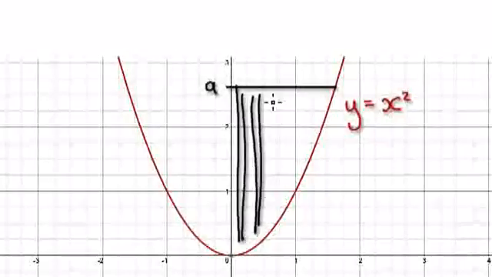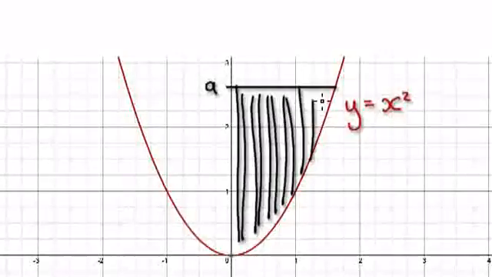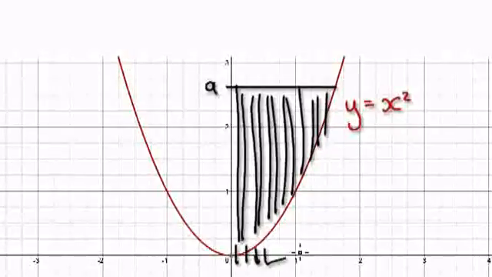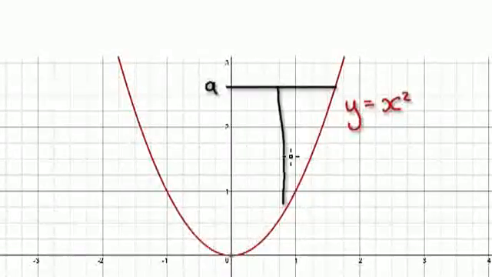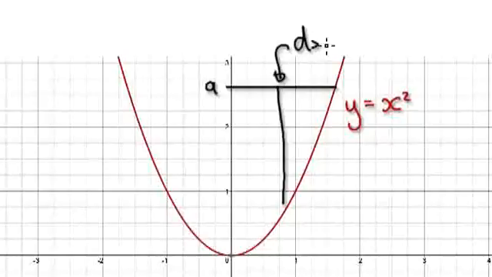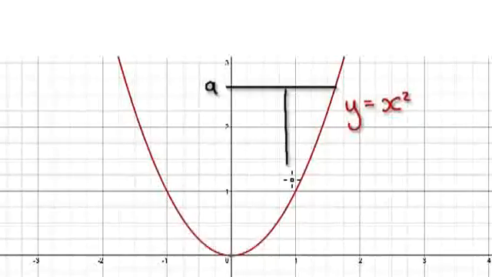We are going to sum up all the cylinders along here. We are moving along the x-axis, so the thickness of this thing here is dx. So this is our cylinder here.